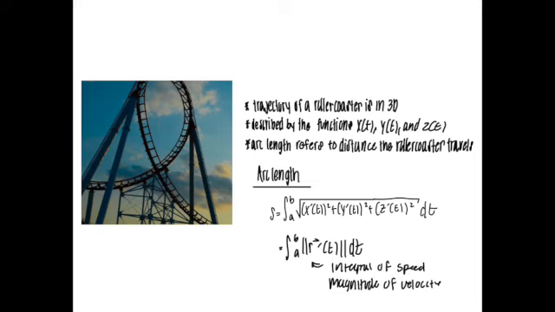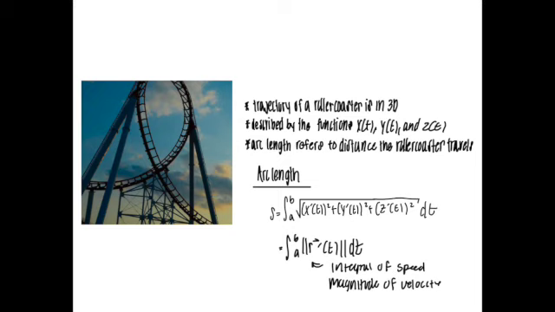And furthermore, we have the arc length. Like I previously mentioned, the arc length is the term used to describe the distance traveled. So in this case, the arc length will be the distance that the roller coaster travels at a specific time.